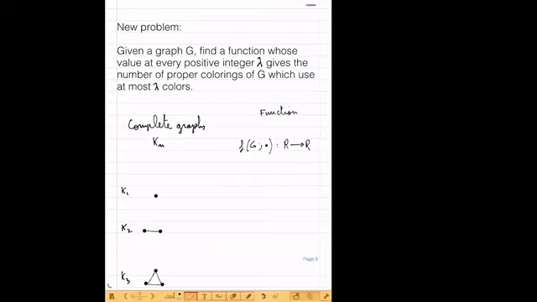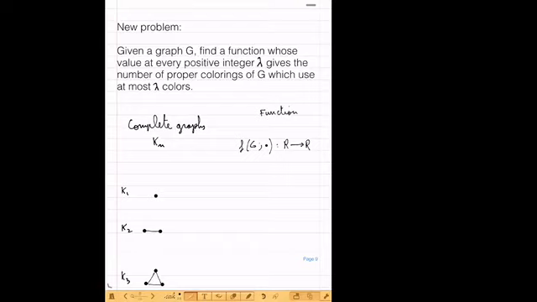So lambda is the number of colors. If you only have one vertex, how many possible colorings do you have? If I have 3 colors, how many possible ways can I color one vertex?